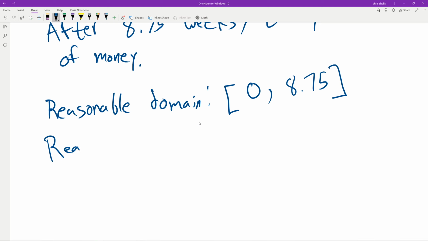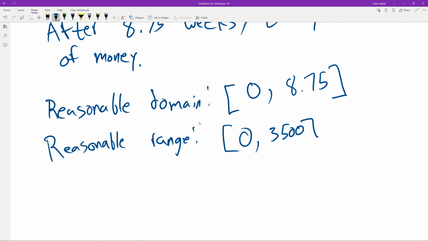For a reasonable range, since our range is a set of all outputs, the minimum amount of money that Emily goes home with is $0. That's if she spends all 8.75 weeks in Seattle. The maximum amount of money that she keeps is all $3,500 if she doesn't go to Seattle at all.